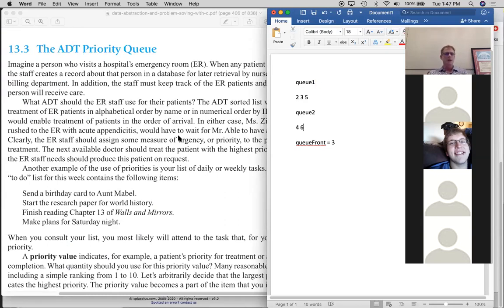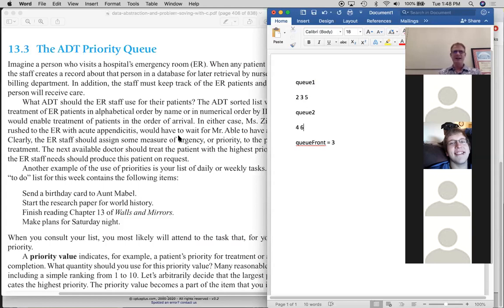A priority queue is just like a queue, except that the items in the queue get assigned a priority. And so the first item in the queue, or the front item, is not necessarily the first item that got put in.